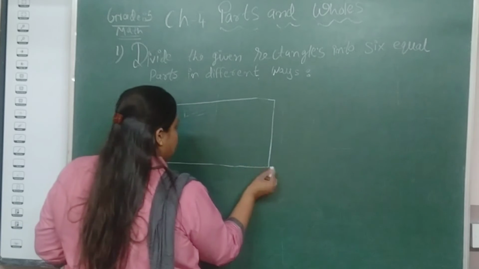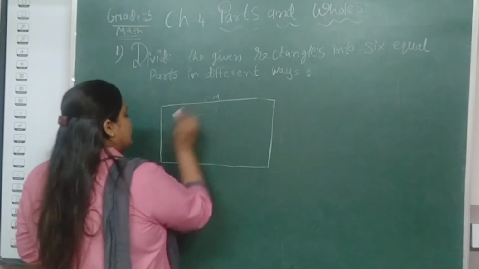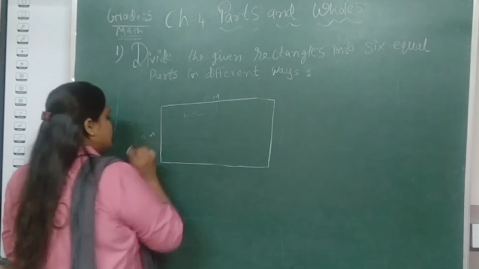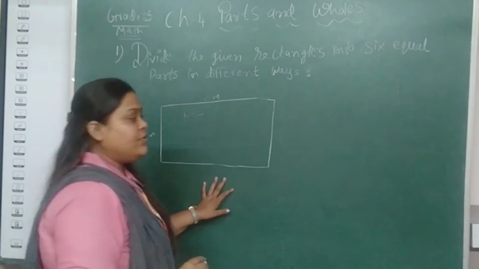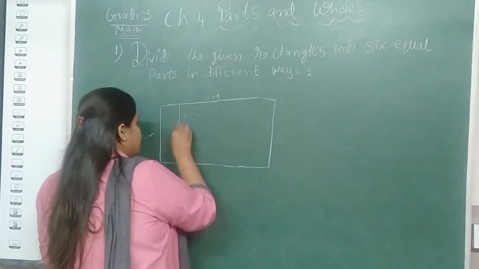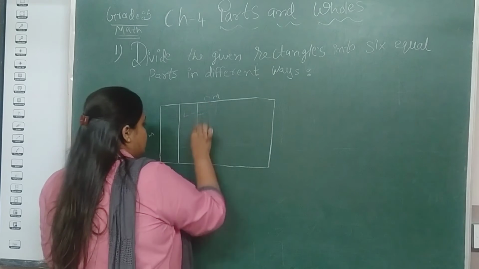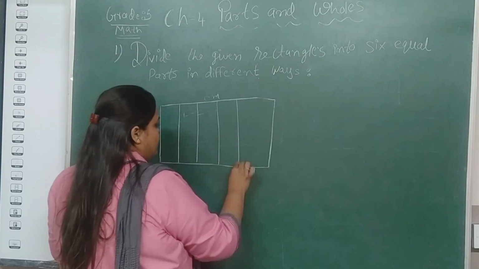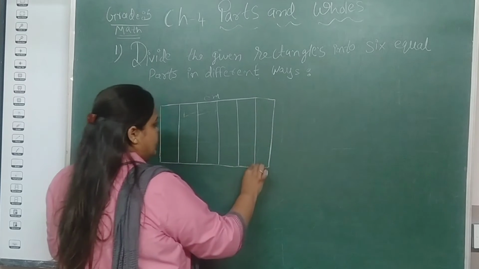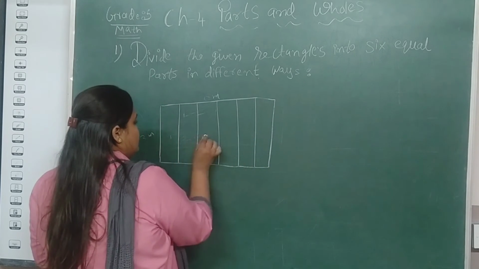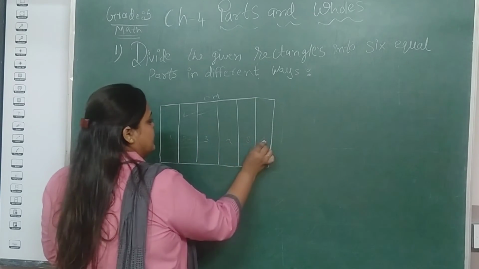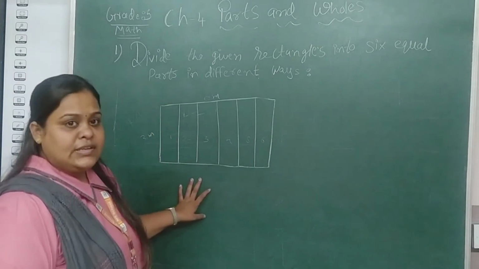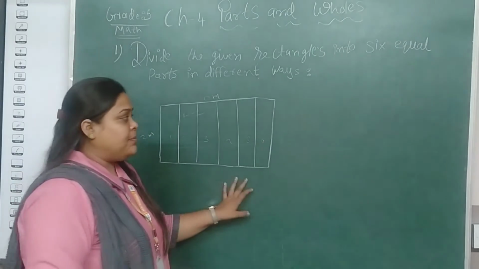First of all, 6 centimeter is there in the book and here 3 centimeter is there. According to that we will do 6 equal parts of a rectangle: 1, 2, 3, 4, 5 and 6. So this is a rectangle having 6 equal parts.